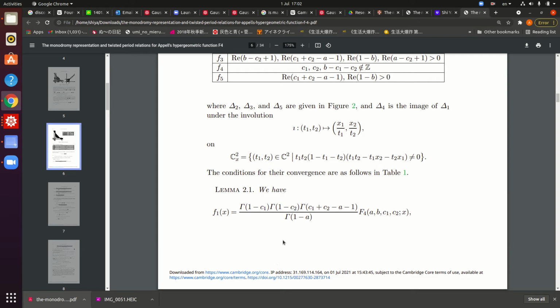So I get an Appell F4. So these are different representations of Appell F4 in terms of some integral.